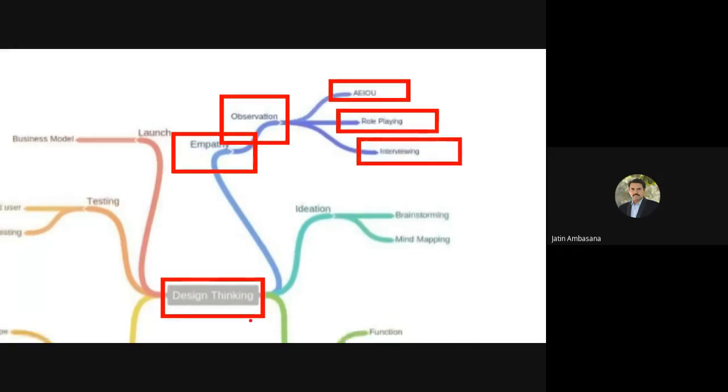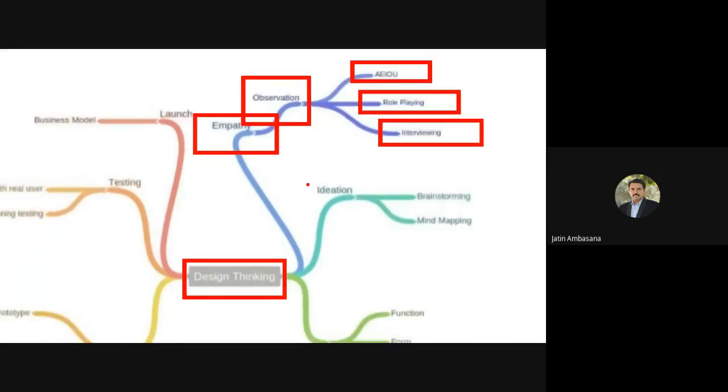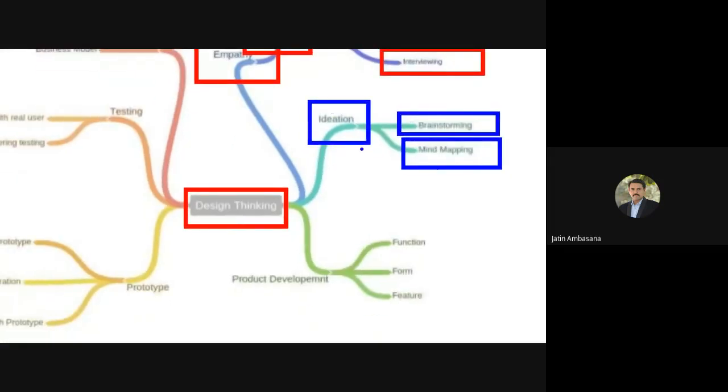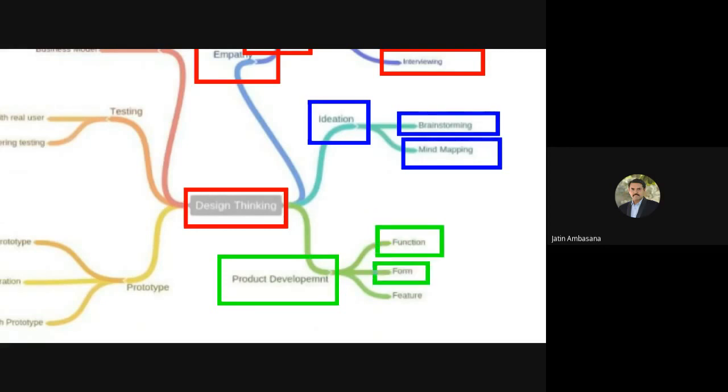Okay, then you basically need design thinking for ideation, for brainstorming and mind mapping. Okay, so you use design thinking for ideation purposes and also for product development purposes, to show your functionalities, what form your product is and what the features of your product are, right?